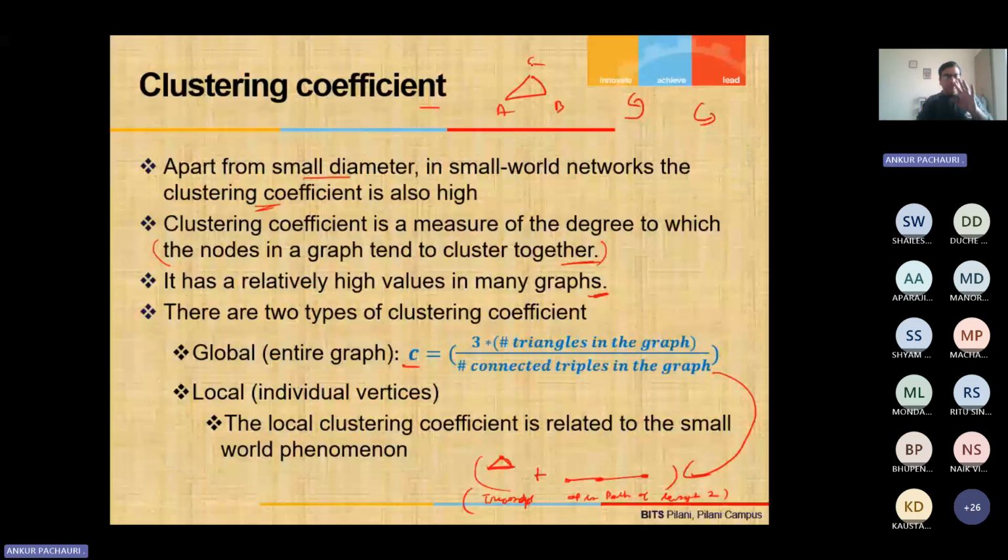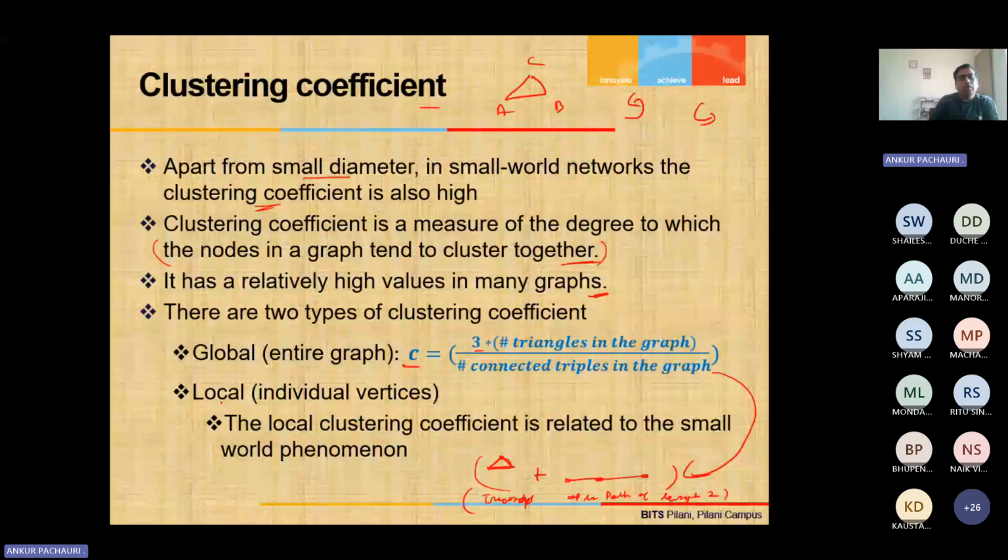So if direction also matters, then the multiplying factor will be 6. If only the orientation of those triangles ABC, BCA, and CAB in one direction only, then it will be 3.